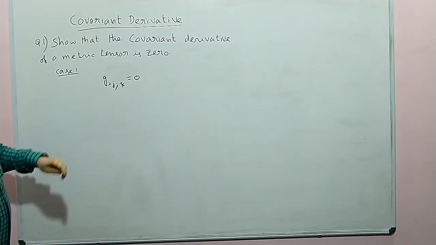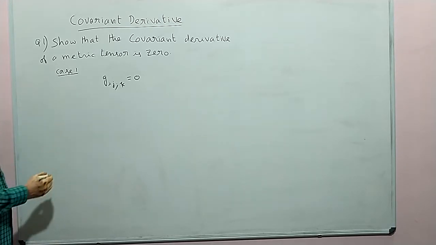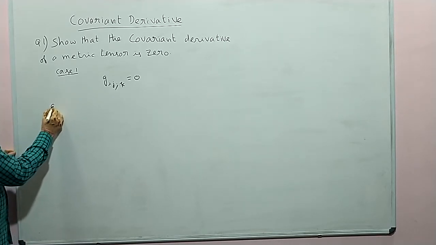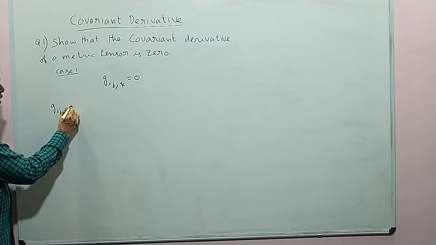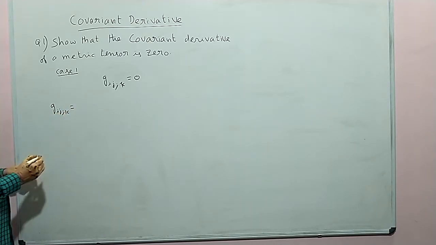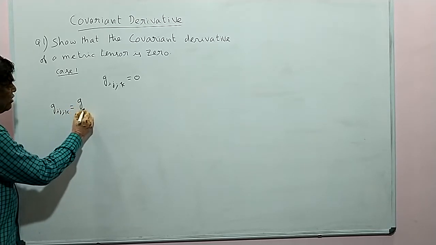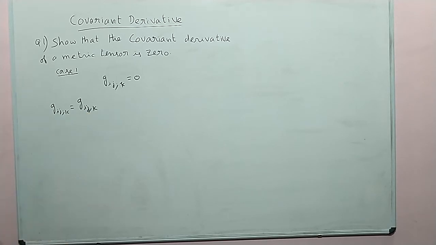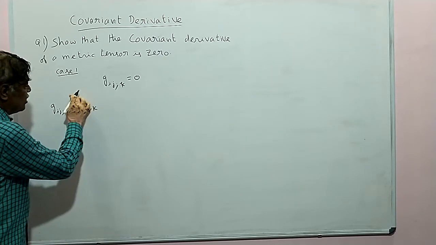Now, in order to prove this, using the definition of the covariant derivative of a tensor, g_ij semicolon k is equal to the first term, the normal derivative g_ij comma k.